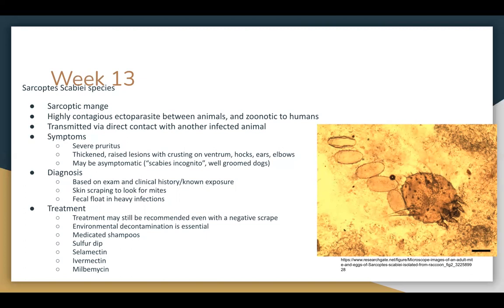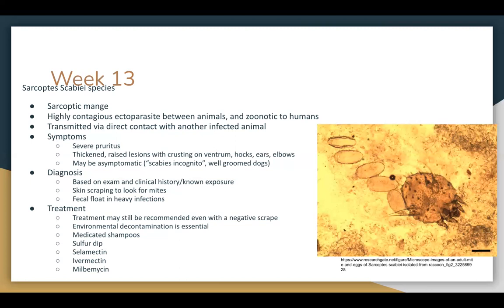Diagnosis is typically based upon the physical exam, known exposure, and the clinical history, and also done via a skin scraping to look for adult mites and also ova. And in heavy cases, you might see mites or eggs in fecal testing as well on a fecal float from them grooming.